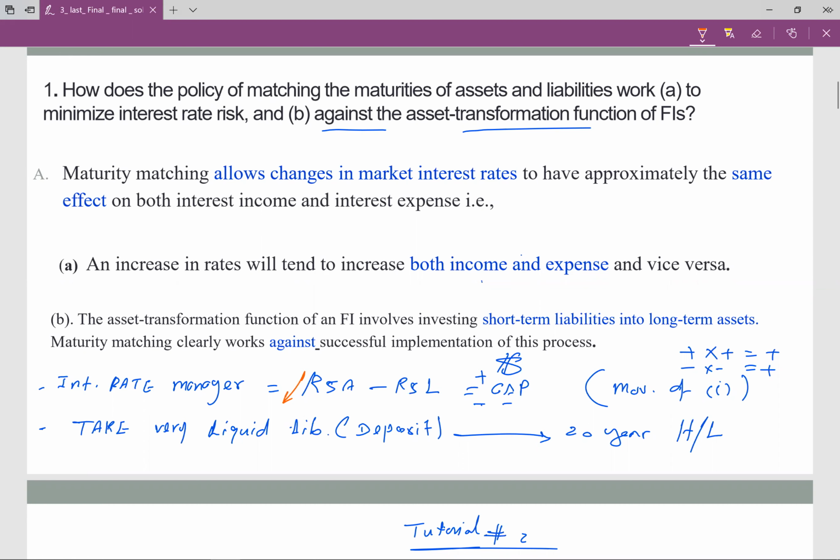Those guys want the assets to be up. Very liquid deposit, change it to house loan, so increase this to serve this function of asset transformation. So actually they have a conflict. Both of them have a conflict. So there is a conflict between asset transformation and interest rate management.